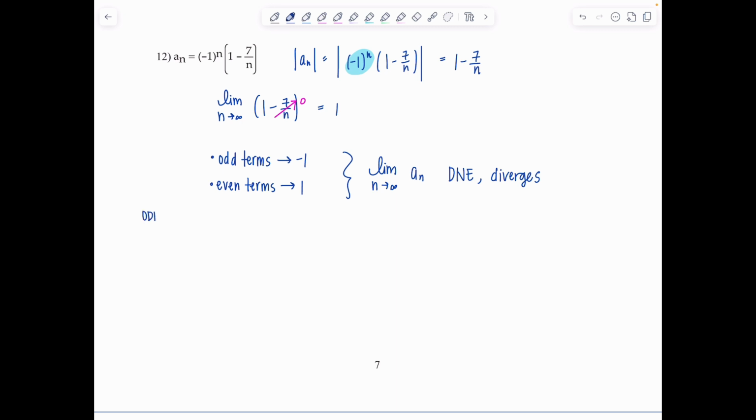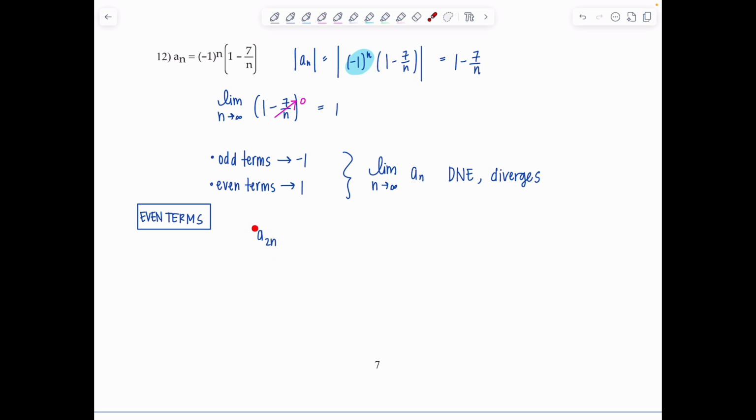So the odd terms, if we want to represent a term that's odd, you know what, let me start with the even because it's more intuitive. So all of the even terms I can represent with a sub 2n. Those are the even terms. Think about it. If you take n, which is going to be any natural number, and you double it, then it's even, right?